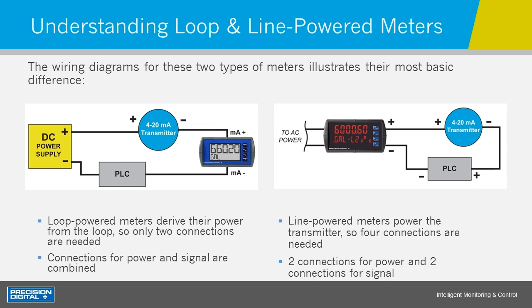Well, so long as my DC supply, which in this case I've been using 24 volts, so long as that 24 volt supply provides enough voltage to run the transmitter, the loop leader, and the PLC's voltage drop, then the current through this loop is going to be the same everywhere in the loop, and it's not going to matter if I add more voltage drops or more devices to that loop. So adding in the loop leader should have no impact on what the PLC is seeing or what the transmitter is transmitting.